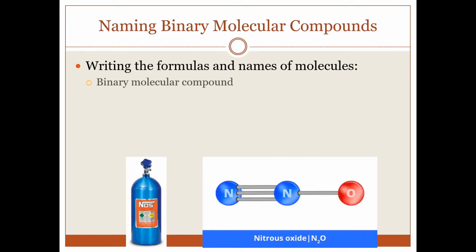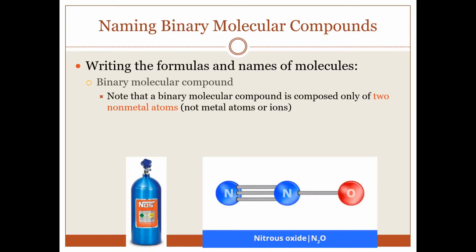Writing the formulas and names of molecules. A binary molecular compound is composed of only two nonmetal atoms. This does not include metal atoms or ions. An example is nitrous oxide, which you usually see in laughing gas, or in cars for racing. Another name for it is dinitrogen monoxide.